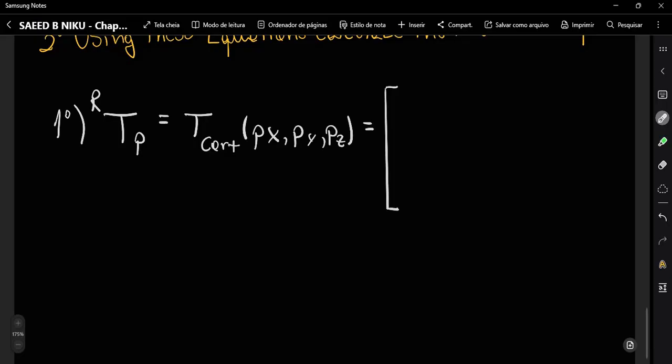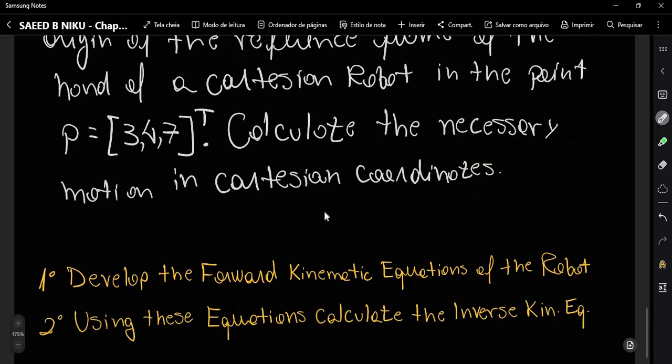So we know that is a transformation of translation. And you know that this T, it means transposed.